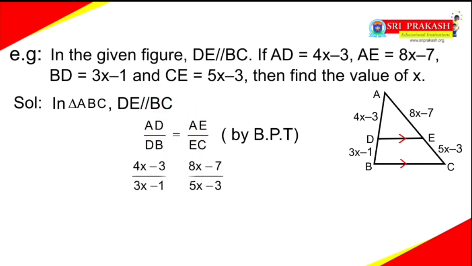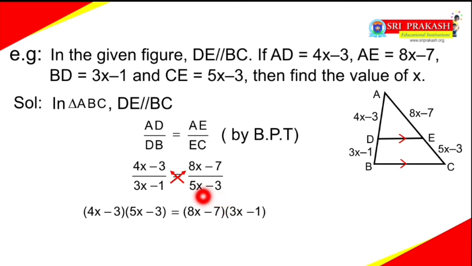Then we get (4x minus 3) by (3x minus 1) is equal to (8x minus 7) by (5x minus 3). Now, let us simplify it by doing cross multiplication. Then we get (4x minus 3) into (5x minus 3) is equal to (3x minus 1) into (8x minus 7).